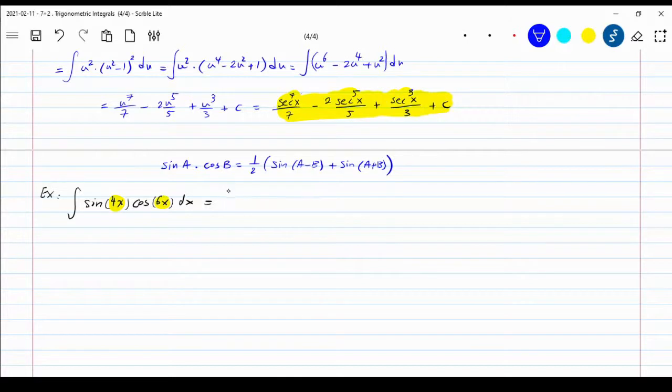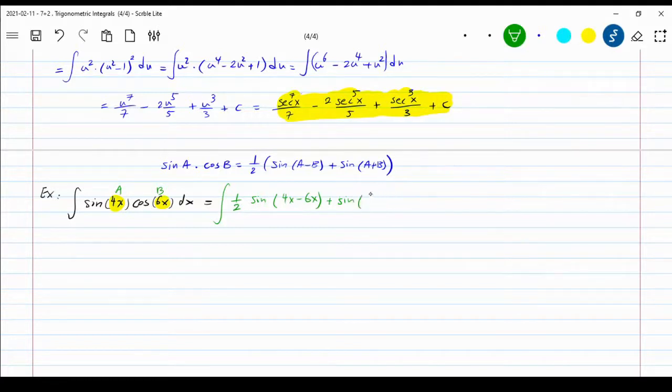This integral basically becomes, this is our A, this is our B. Sine times cosine. So you can write 1/2 sine A minus B, which is 4x minus 6x, plus sine A plus B, 4x plus 6x, that is 10x.